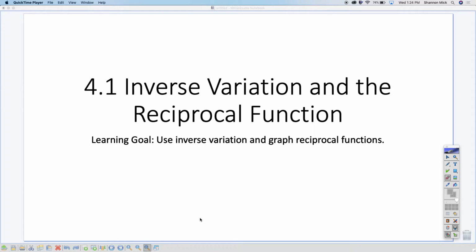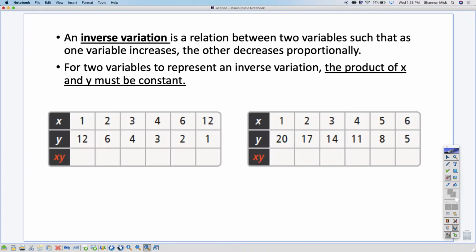So for one, inverse variation and the reciprocal function. Today we are only going to deal with inverse variation, and tomorrow we are going to deal with the reciprocal function. So an inverse variation is a relation between two variables such that as one variable increases, the other variable decreases proportionally.